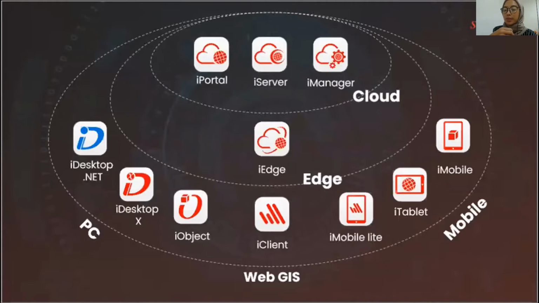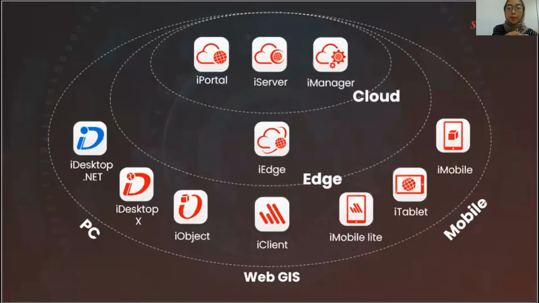And the last one is the desktop-based application. So we have two different desktop applications. The first one is the iDesktop.net and the second one is the iDesktopX. The main difference between the two of them is that iDesktop.net can be run only in the Windows operating system, but the iDesktopX can be run both in the Linux operating system and the Windows operating system.